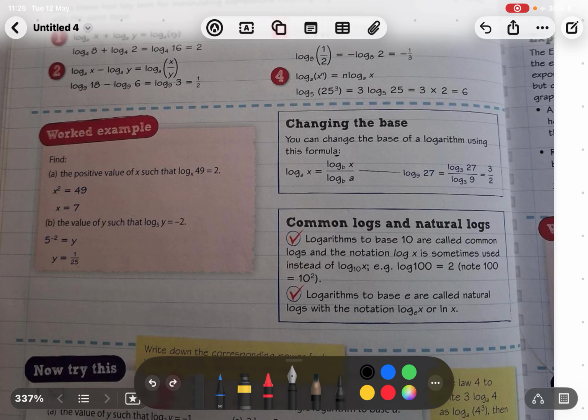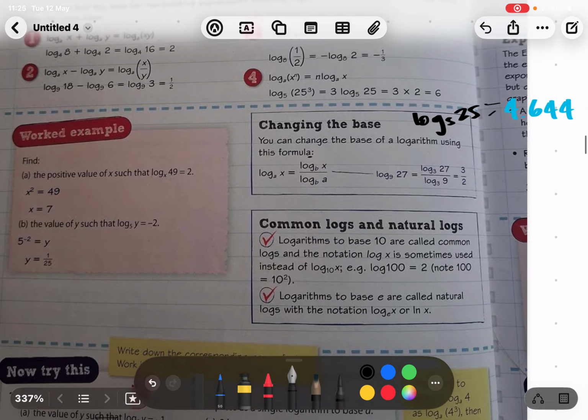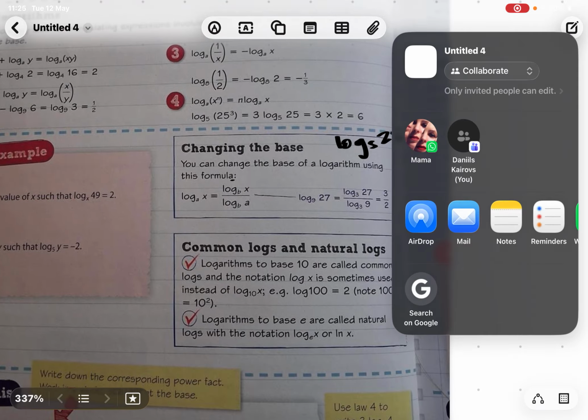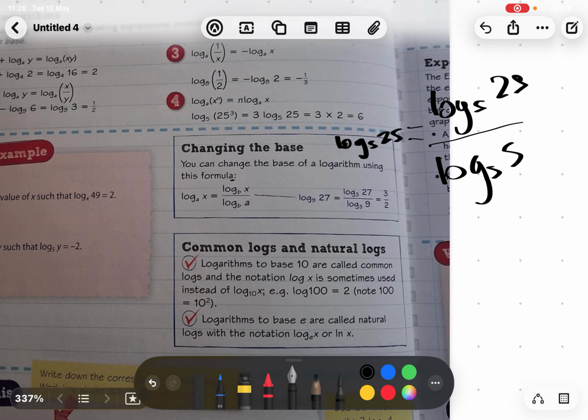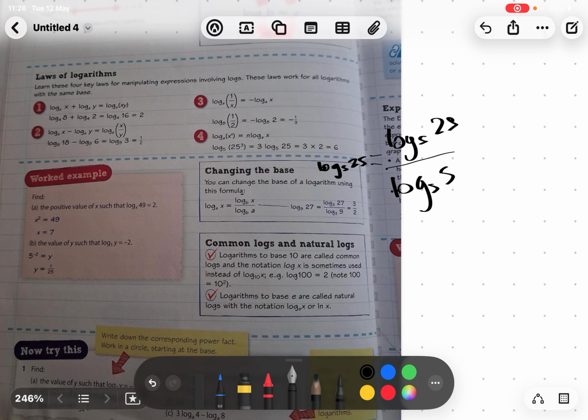How many 5s go into 25? So log base 5 of 25 equals, nope, I don't want that. Log base 5 of 25 divided by log 5. Does that make sense? Let me check on my calculator.